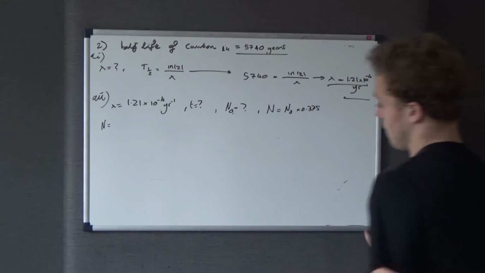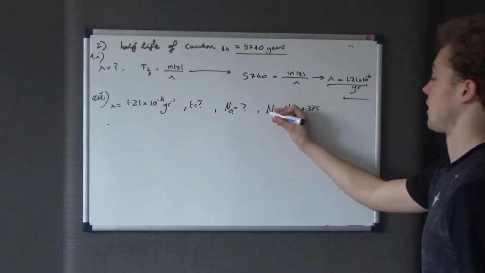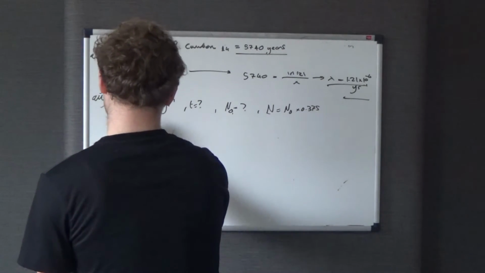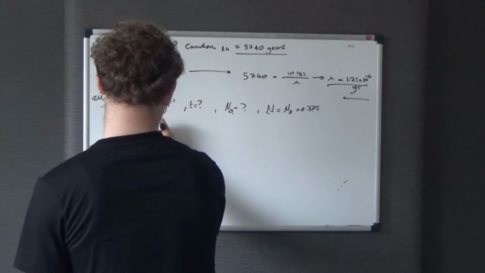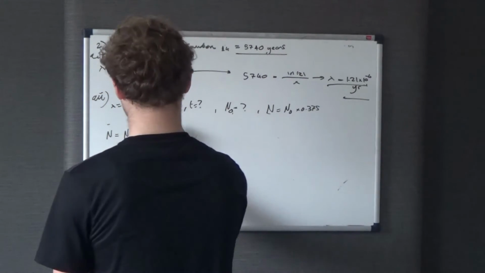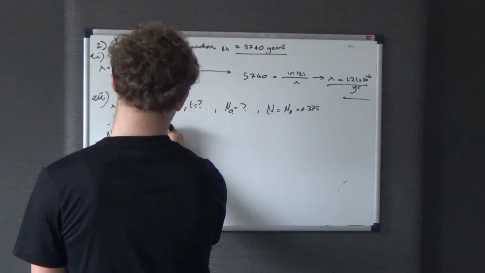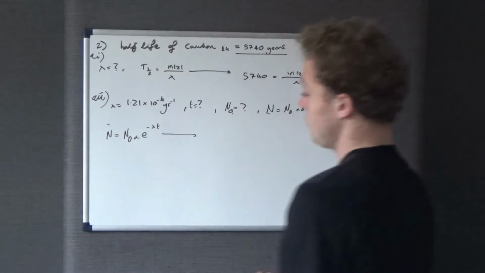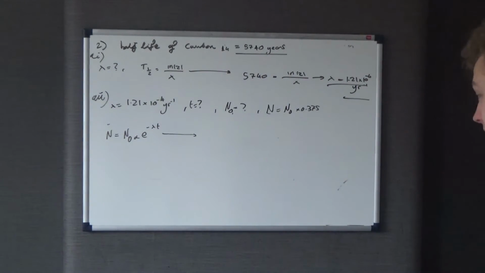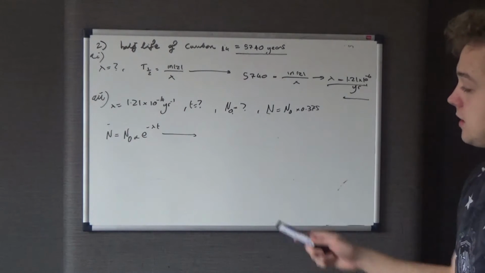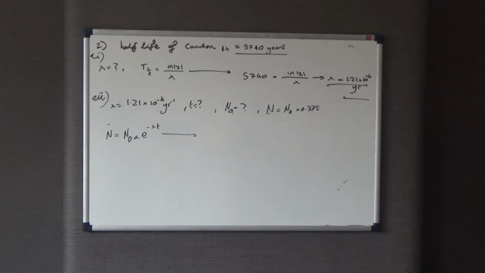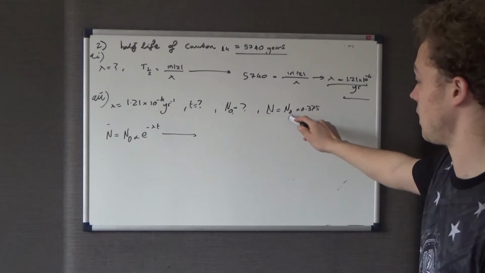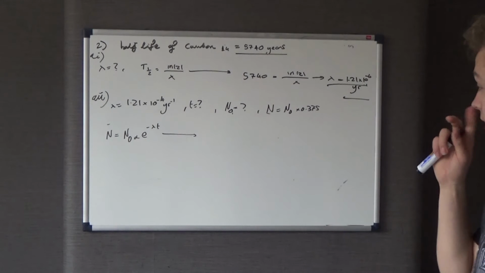So we can use them as individual figures, and we can cancel off the N naughts. The original equation would be N, the number of atoms at the moment, equal to N naught, the number of atoms at the start, times e to the minus lambda t. Now, we don't know the true figure of N naught, but we know that N, the current number of atoms, is equal to the original number times 0.375.